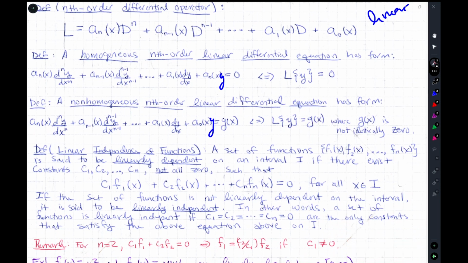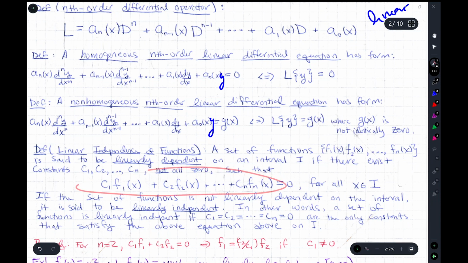Linear independence. We talked about that with the vectors above, but let's look at this in terms of functions. A set of functions that you see there is said to be linearly dependent on an interval I if there exist constants c_1 through c_n, not all 0, such that this equation is true for all x in I. What is that telling you?